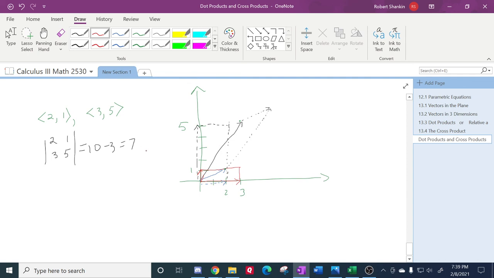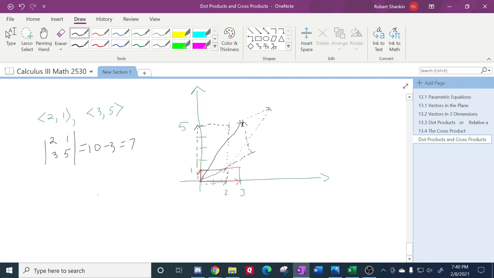And the area of this parallelogram, we would normally find by doing what? The magnitude of this times, you take this one straight down, perpendicular to this, and then you multiply these two together.